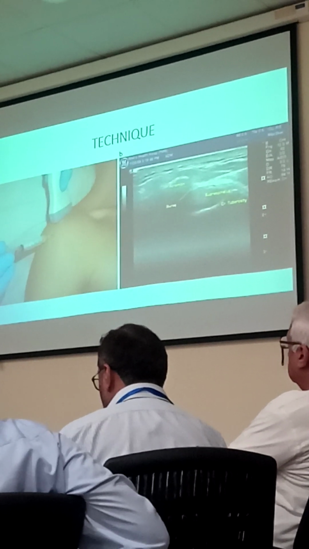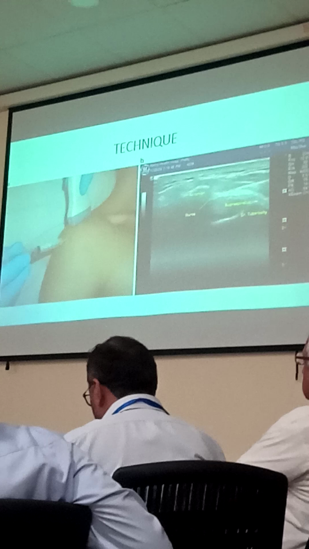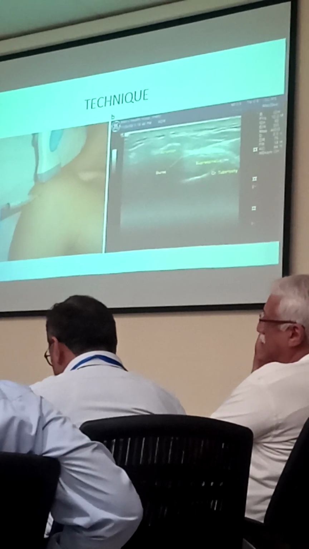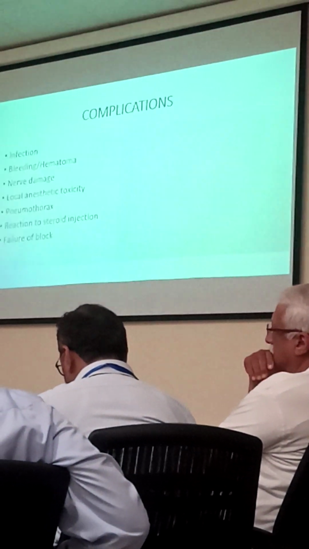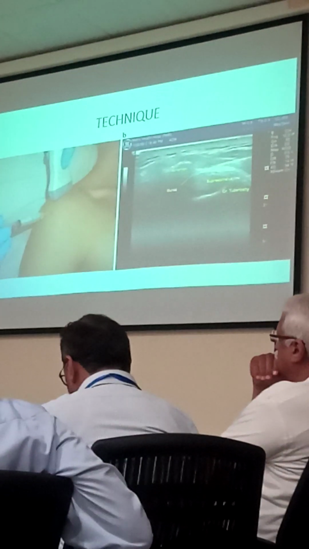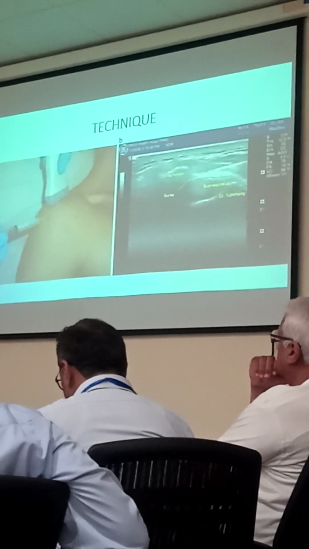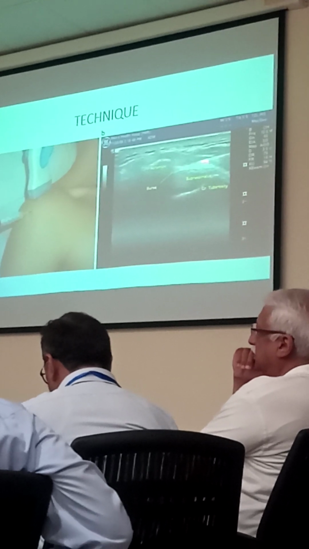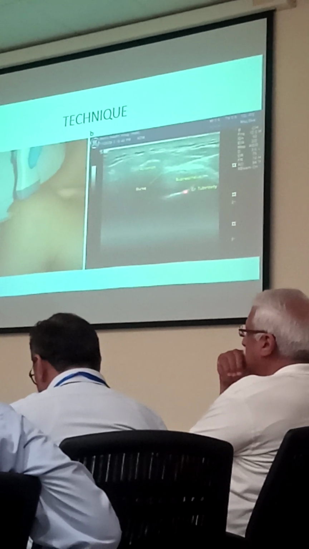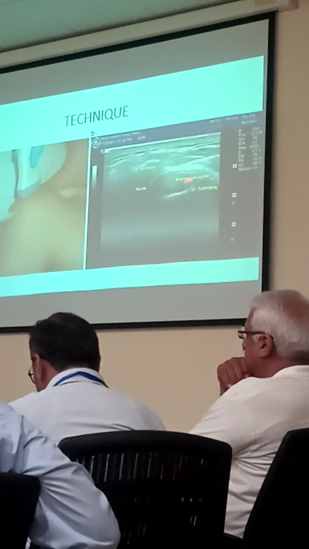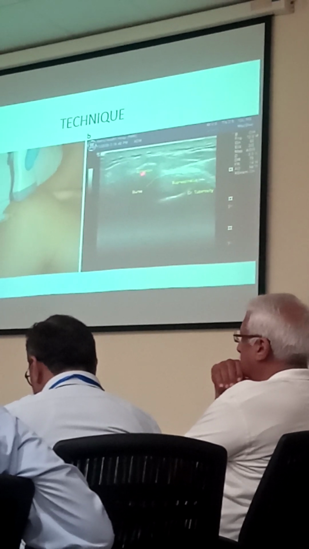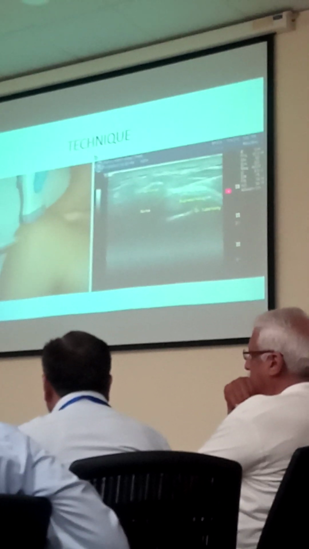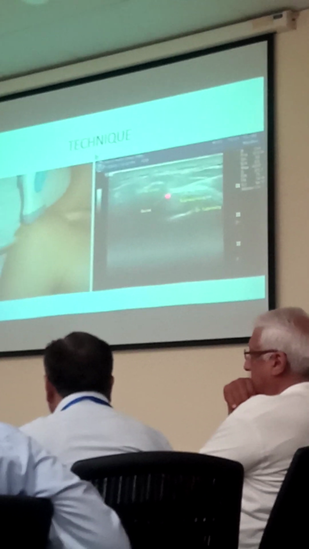And here is the technique: you place the probe on the lateral edge of the acromion, and you can see the structures. This is the acromion, and this is the greater tuberosity of the humerus, and we can see the supraspinatus muscle, and it passes under the acromion, and here we can see the bursa.